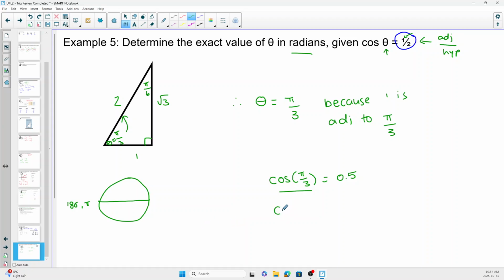So this is the same as cos of 180 divided by 3, which is cos of 60 degrees, which we did know from this triangle. And you can put that in your calculator. I don't have a graphing calculator open, so I'm just going to leave it at that, and you guys can check in yours, but you would get back 0.5 in your calculator, so you know you've done the work correct.